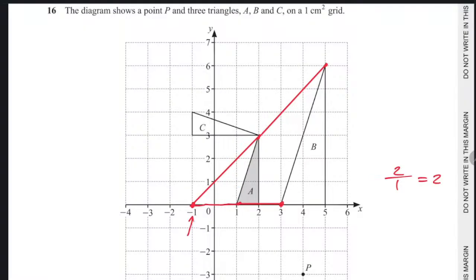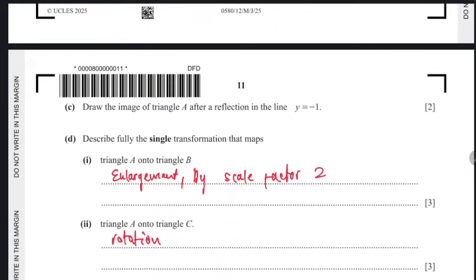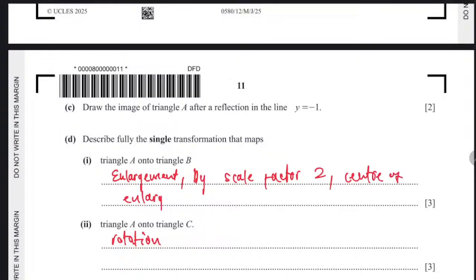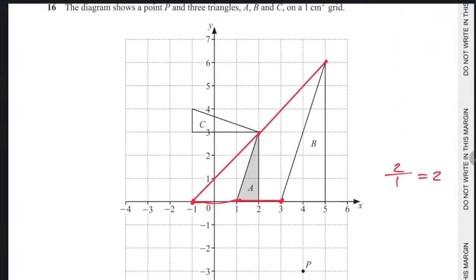X is -1, then y is 0. Okay? If you move with the y. So it's going to be center of enlargement being -1, 0. Right? Then for rotation, here's how you do it.